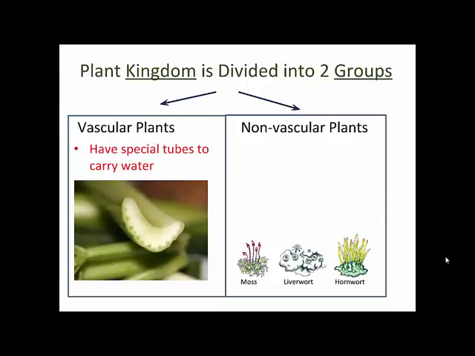So vascular plants have special tubes, which we would call vessels, that carry water and other materials from one part of the plant to another. Non-vascular plants don't have these vessels for transporting water around.